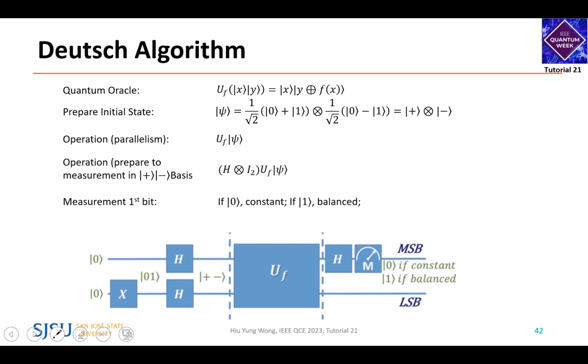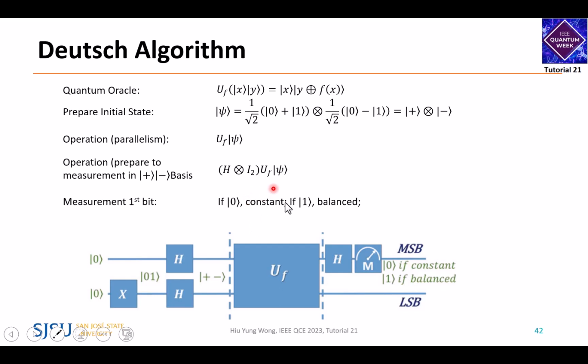So why do we do superposition? It's very simple, because we want to do quantum parallelism. Once we have this state, we are going to feed it to the quantum oracle. And because we have 0 and 1 in this superposition, you will do the computation of f of 0 and f of 1 at the same time. And after that, you will do the measurement.